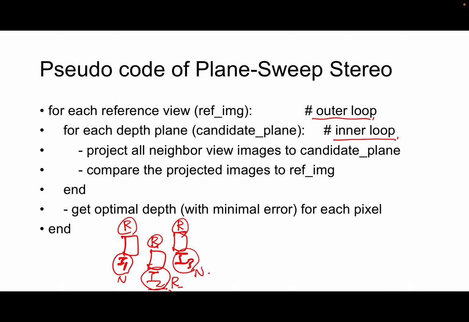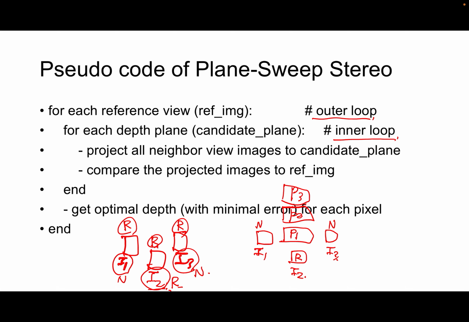So let me draw this again. This is I1, a neighbor, this is I2, the reference, and this is I3, a neighbor. So we can construct multiple planes like this: plane 1, plane 2, plane 3.